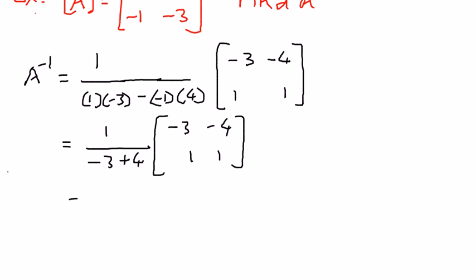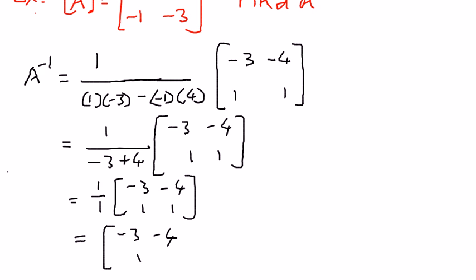Therefore here we have 1 divided by -3 plus 4, which is 1, and therefore -3, -4, 1 and 1. 1 divided by 1 is 1, and therefore we need not write that. Therefore -3, -4, 1 and 1. So this is the inverse, and this is exactly what we had in example 2 as well.